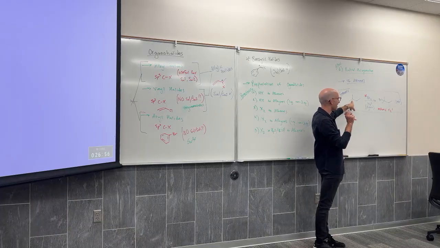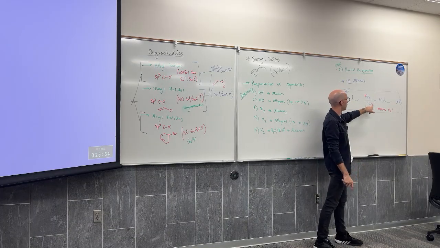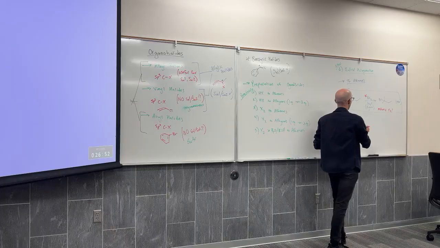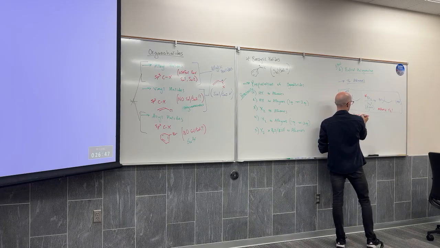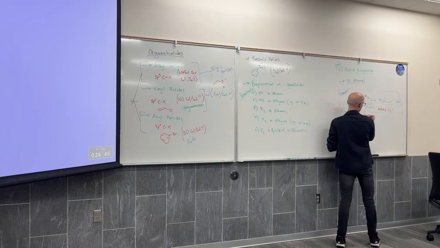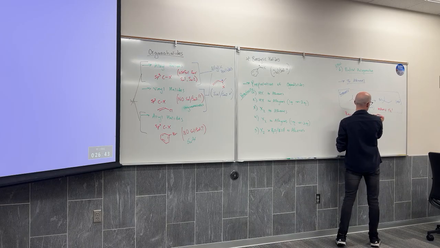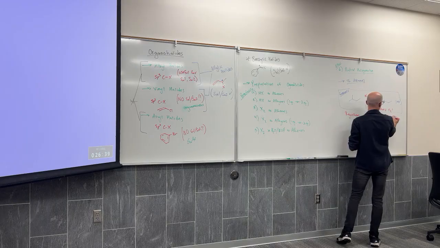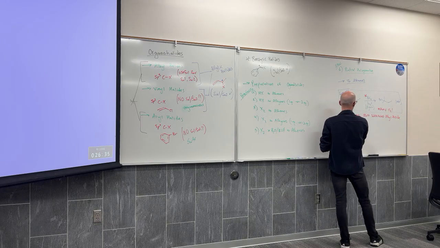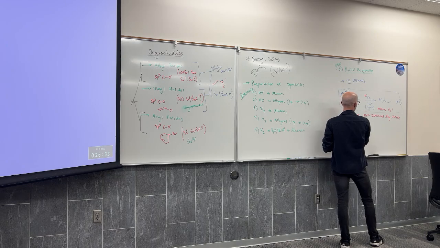But bromine is less reactive and more selective. So bromine will always add selectively at our most substituted position. So the regiochemistry of this reaction, we get the most substituted alkyl halide.